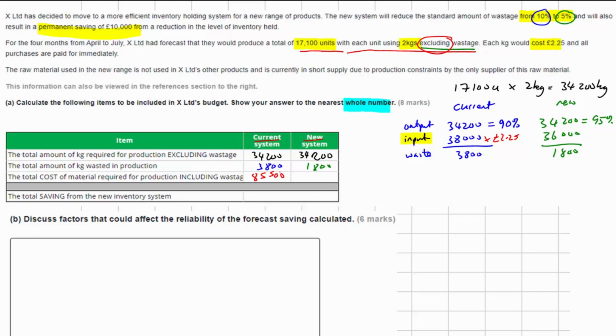Whereas under the new system, we'll have the 36,000 input multiplied by the 2.25, and that's going to cost us 81,000. So what's our total saving going to be? If we compare the two, that's going to be 4,500. But remember, we've also got a saving of 10,000 because we're just holding less inventory over the period. So our total saving is going to be 14,500.